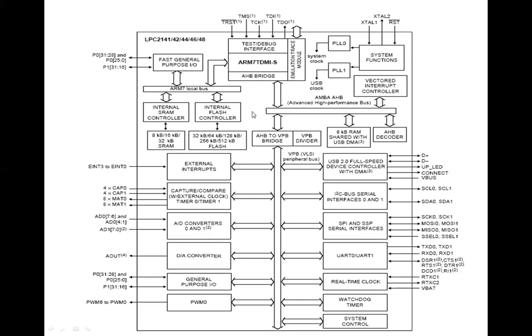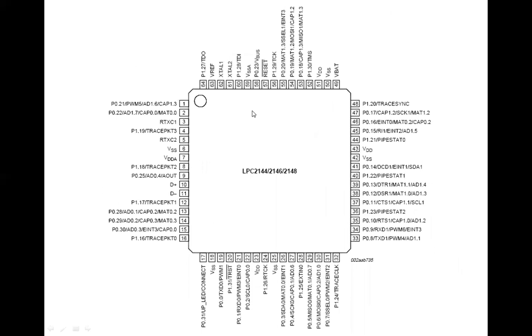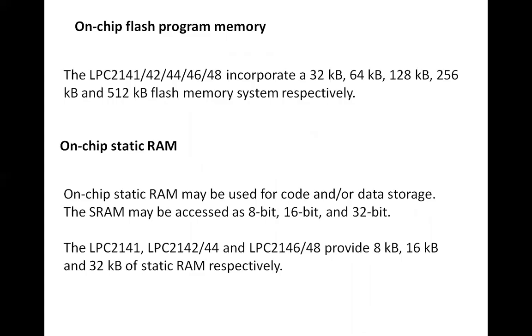Okay, so here you can see the IC structure. It is a 64 pin IC. You can see these 64 pins are distributed in 4 sections, so each side will have about 16 lines. So this is the LPC2148 chip.